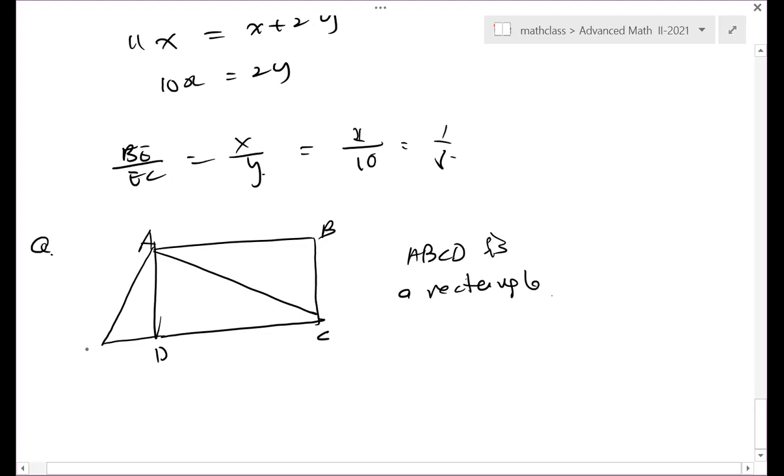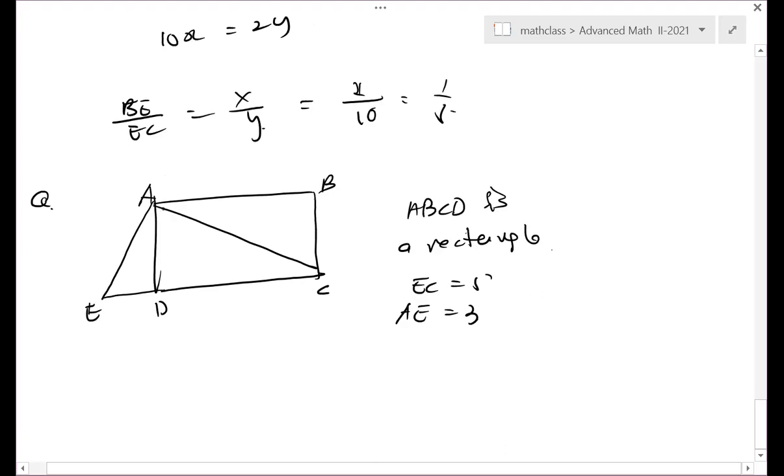So this is E. EC equals 5 and AE equals 3. Another important thing is this is a right triangle. Find the area of the rectangle ABCD.